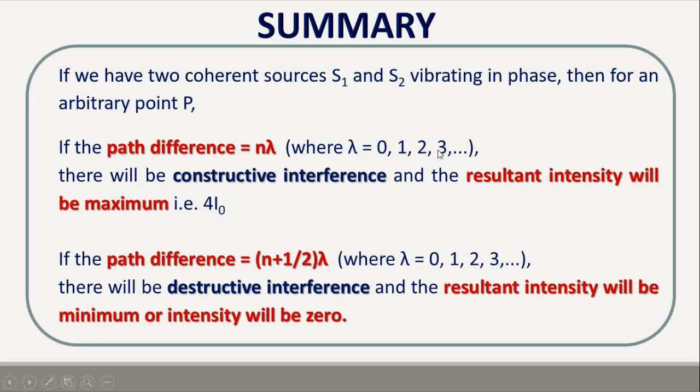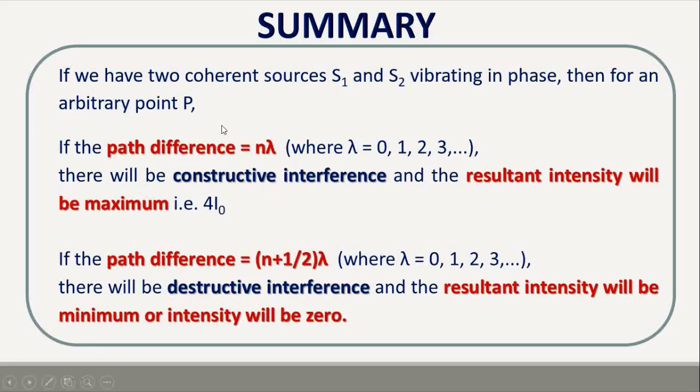Between 2 and 3, the value you get is 2.5. So if you have a path difference like lambda by 2, 3 lambda by 2, 5 lambda by 2, 7 lambda by 2, then there is a destructive interference and resultant intensity is always minimum or 0.